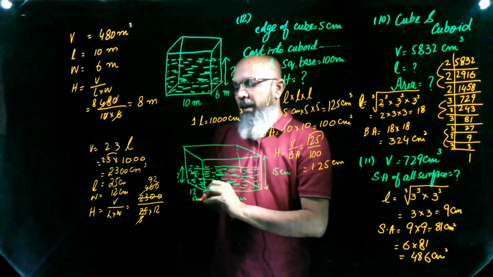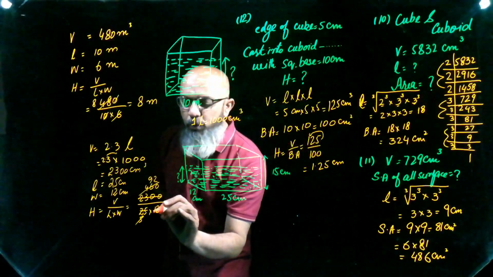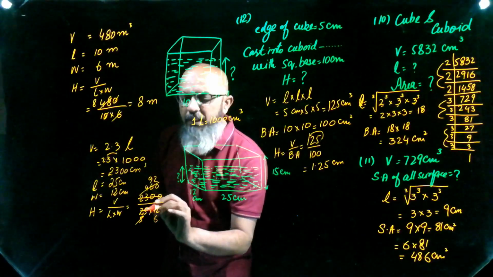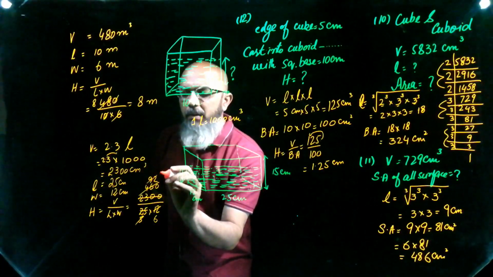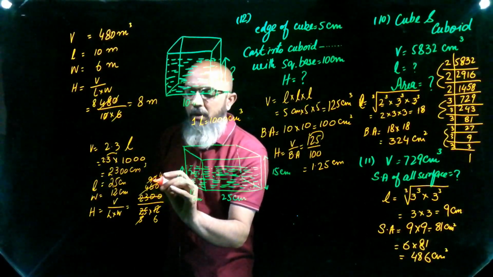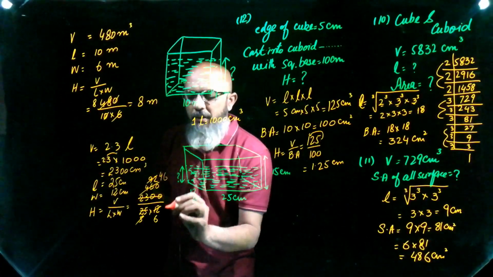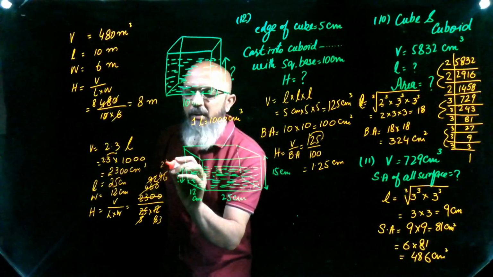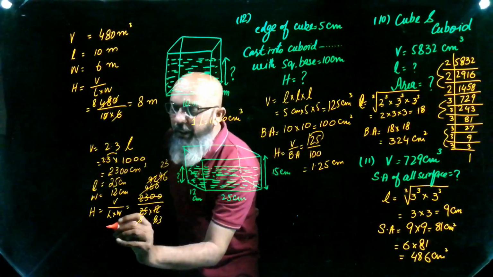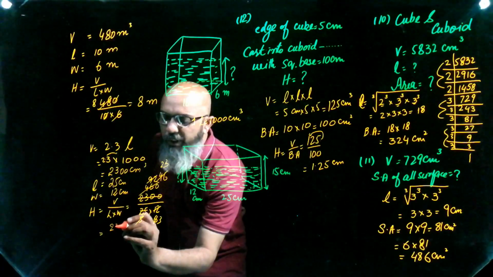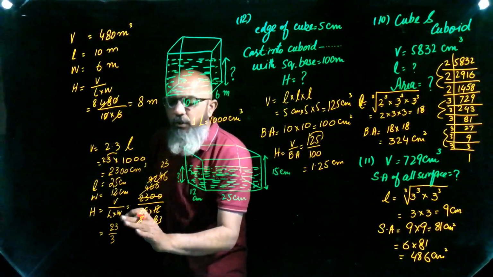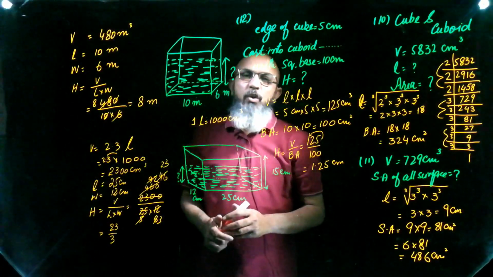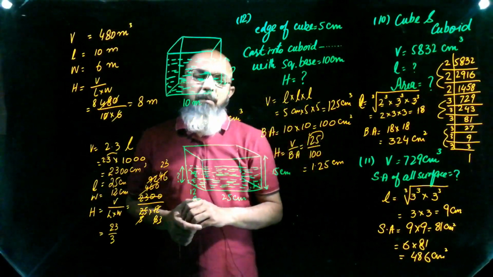Now it is divisible by the table of 2. 2 6s are 12, 2 4s are 8, and again the table of 2, that is 3, and that is 23. So your height is 23 divided by 3. You can divide it and get your answer to 1 decimal point, simple.